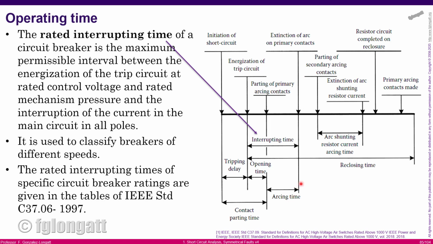Okay, more definitions. You can go again to the standard C37.06. Please have a look over there, and you will see the full explanation and some tables indicating the classical or the standardized circuit breaker ratings for interrupting times.